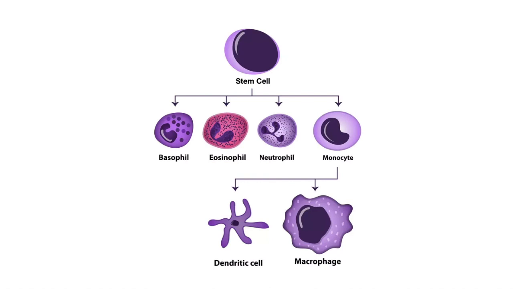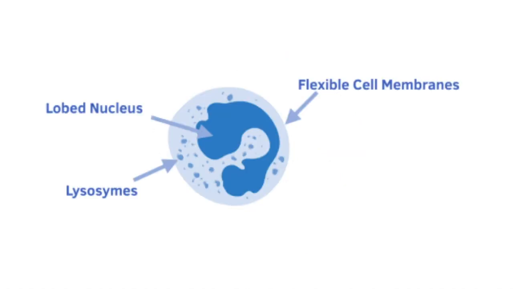But we're talking about right now the neutrophils, the monocytes, and the macrophages as your phagocytic immune cells. So again, you can see the lobed nucleus, you can see the lysosomes inside the white blood cell, and the cell membrane.